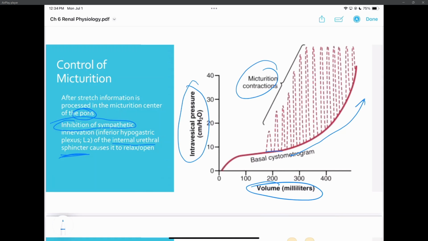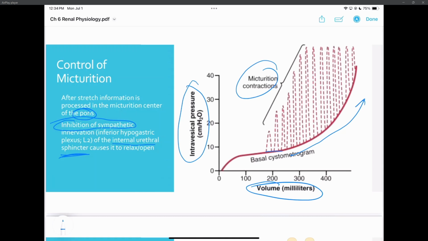So when you have to go to the bathroom, the sympathetic system needs to relax so that sphincter can relax and allow urine to flow. So that's the one thing the sympathetic system has to do. You have to inhibit the sympathetic system to open that internal sphincter. So we're not stimulating our sympathetic system, we're inhibiting it.